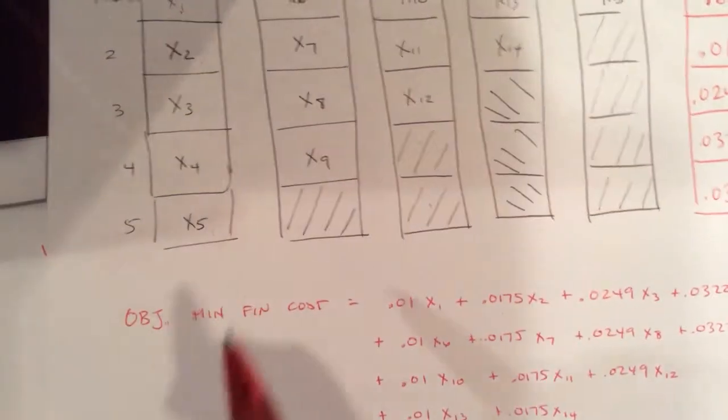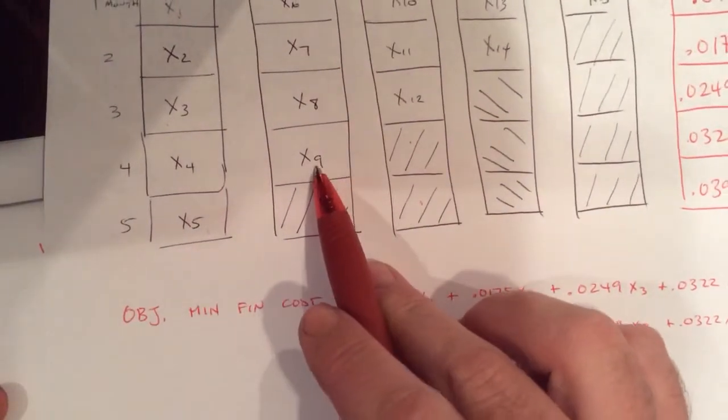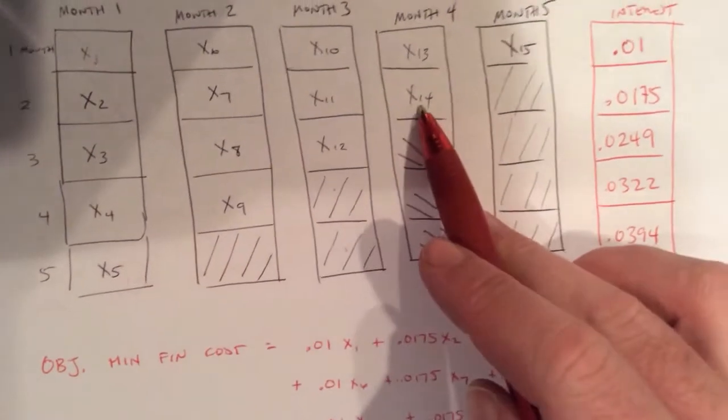All right, so our repayment. We're going back to this matrix. X5 is a 5-month loan, X9 is a 4-month loan, X12 is a 3-month loan, X14 is a 2-month loan, and X15 is a 1-month loan.